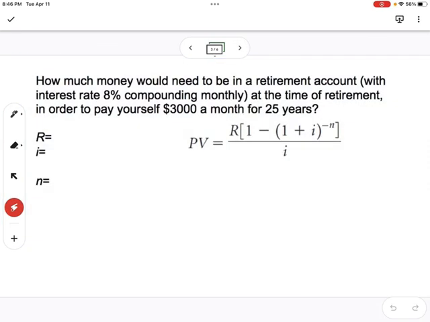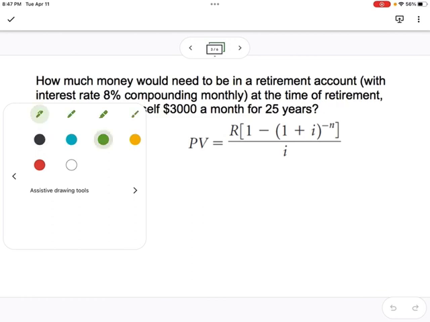Okay, looking at an example here: how much money would you need to have in a retirement account with an interest rate of 8% compounding monthly at the time of retirement in order to pay yourself $3,000 a month for 25 years? Our R value, that's our payment, and we want to pay ourselves $3,000.